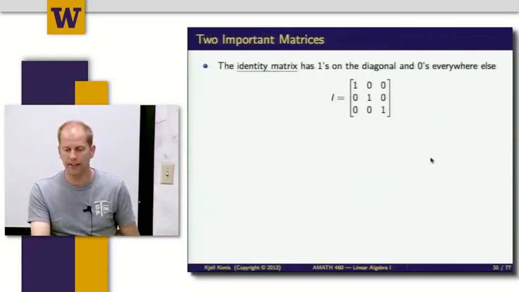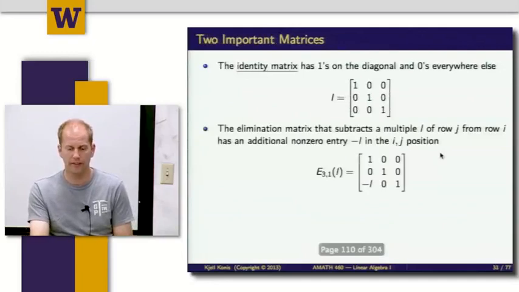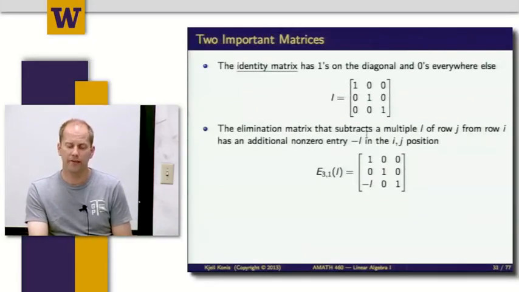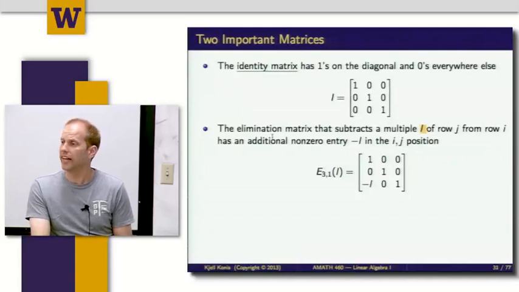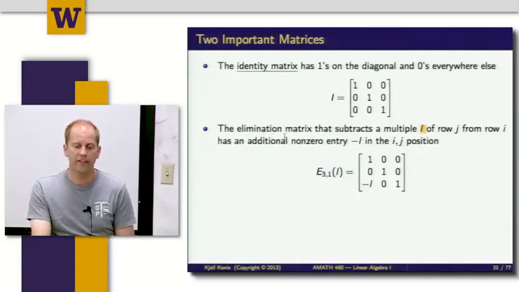So the identity matrix has 1s down the diagonal. In general, an elimination matrix that subtracts a multiple l of row j from row i is an identity matrix, except it has an additional non-zero entry equal to minus l in the i, j position.